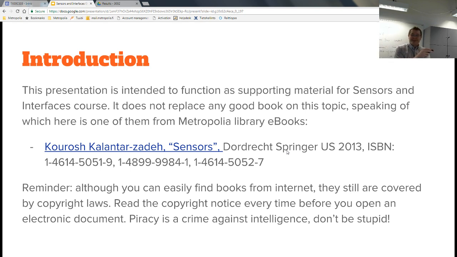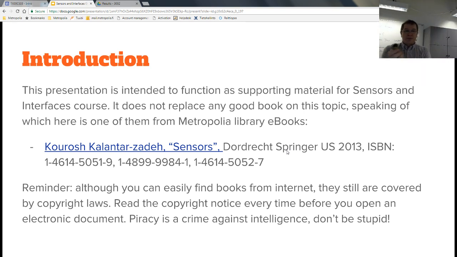It's very clear. It goes through the fundamentals and has everything needed if you want to know more about the sensors themselves. Also, Metropolia students, use your privilege to borrow them from the e-library using your Metropolia account. It's all paid by the Finnish taxpayers' money.